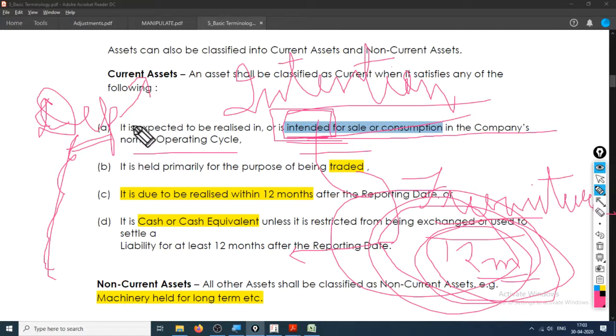Hence it will be treated as a current asset because they are intending to sell it. It will not be treated as a non-current asset, that is, a fixed asset, so no depreciation will be charged.